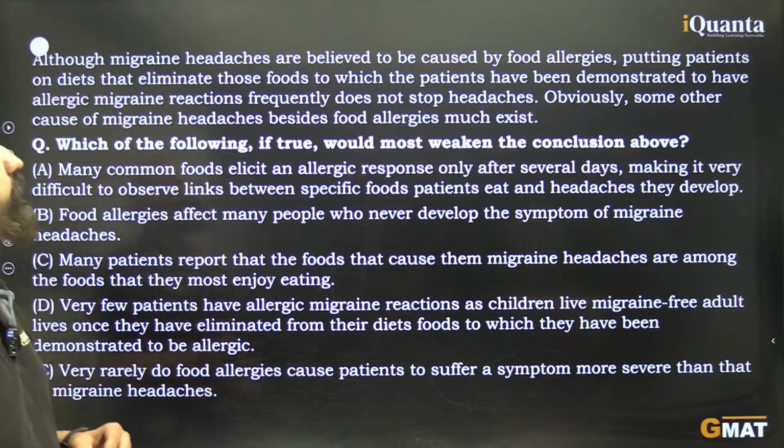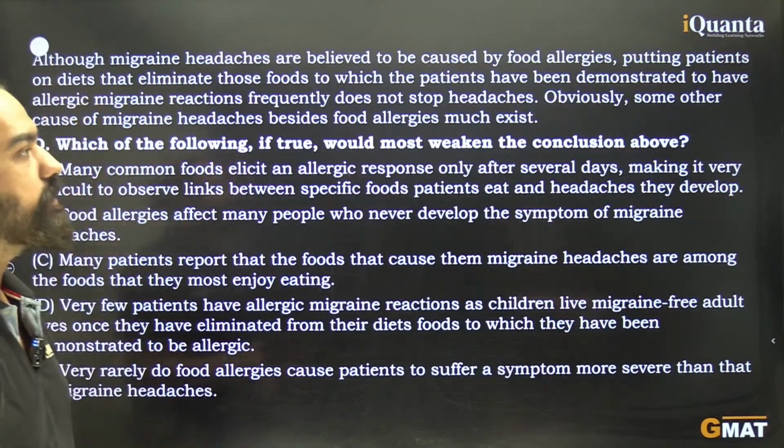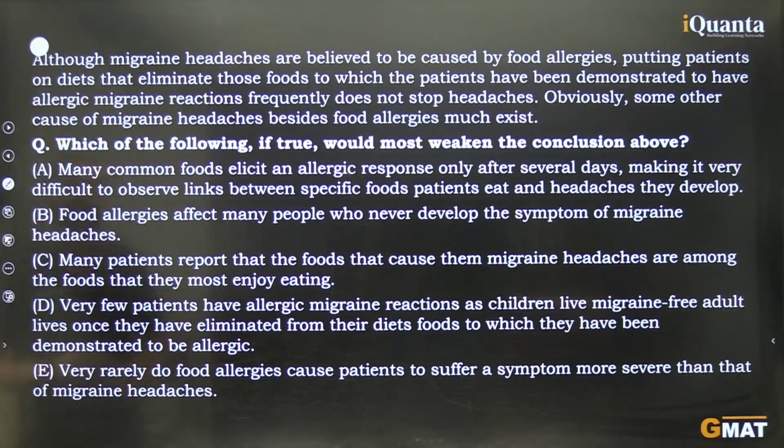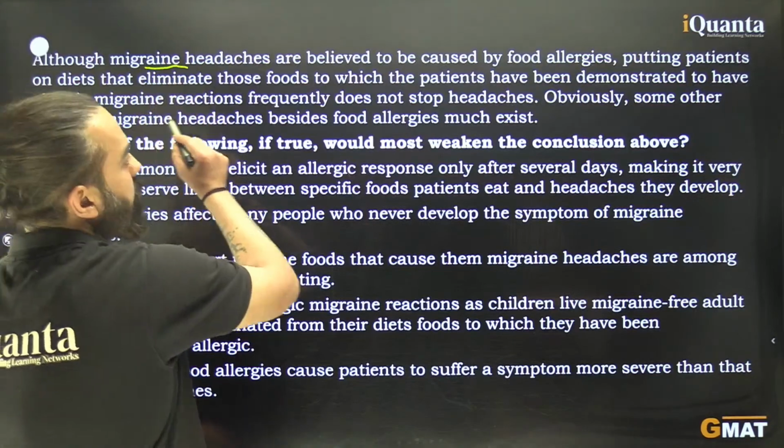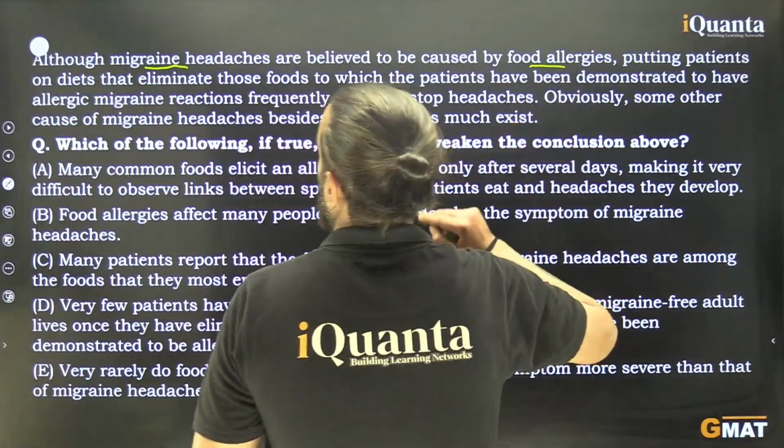Although migraine headaches are believed to be caused by food allergies, putting patients on diets that eliminate those foods to which the patients have been demonstrated to have allergic migraine reactions frequently does not stop headaches. Obviously, some other cause of migraine headaches besides food allergy must exist. So we're saying migraine headaches are caused by food allergies.